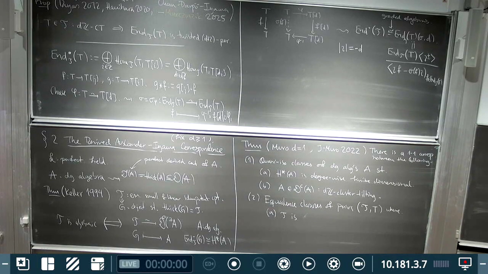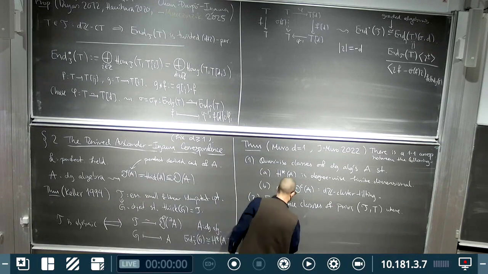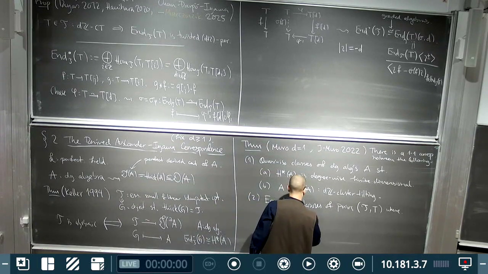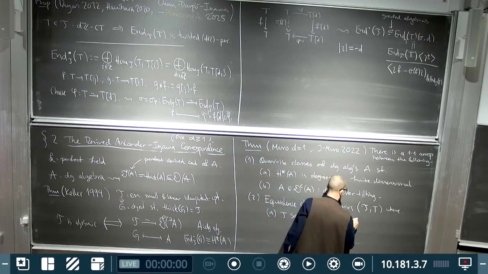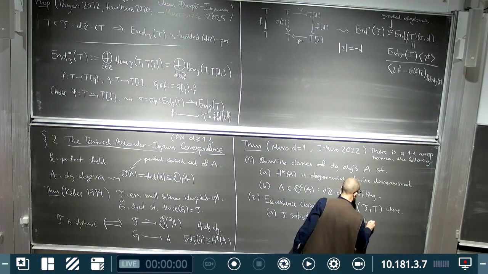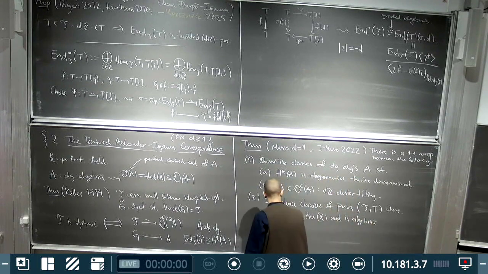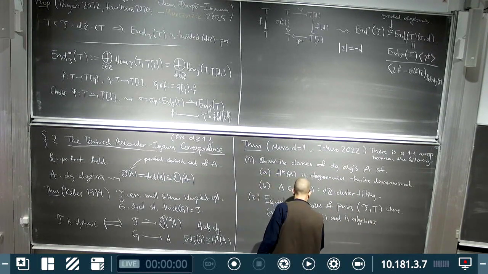Sorry. T satisfies star, and is algebraic. And B, T is an object of curly T, which is d-cluster tilting.